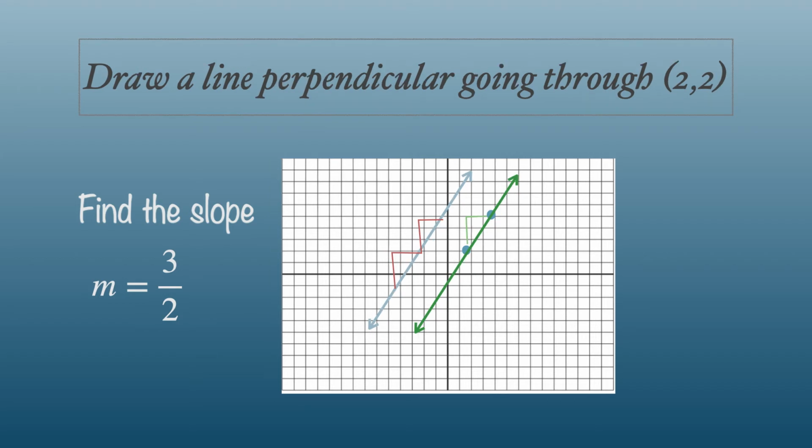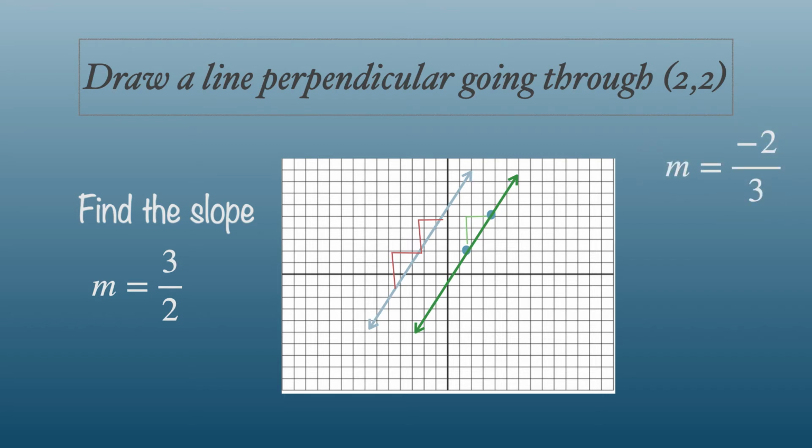Now what if I wanted to do a perpendicular line going through the same point (2, 2)? Well, I have to find the new slope, and the new slope is going to be the opposite reciprocal. The opposite of a positive is a negative, and the reciprocal of 3/2 is 2/3. So my new slope is negative 2/3.